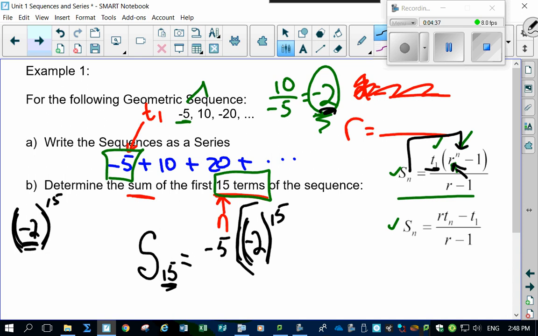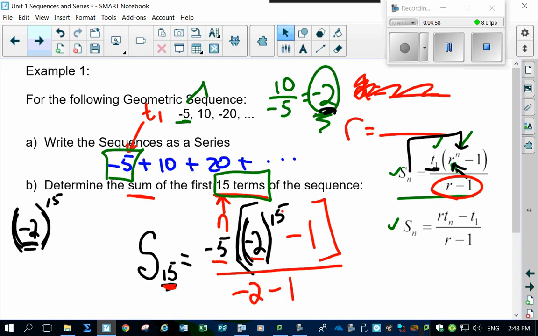So we're running a whole bunch of brackets as we go again. So let's review. Sum of 15 terms. There's T1. There's your ratio to the power of 15. Subtract 1, divided by the ratio, minus 2, subtract 1. Oh, what a mess.